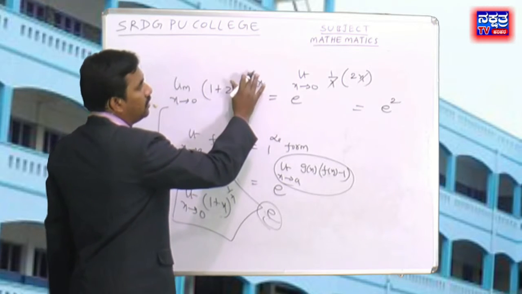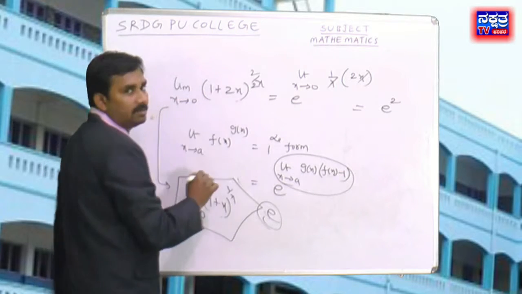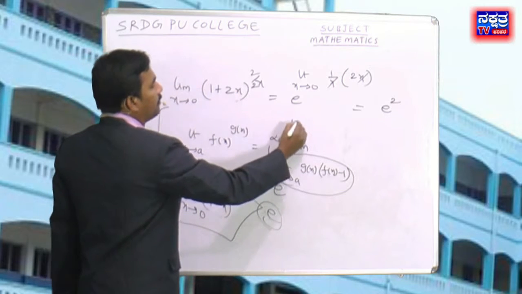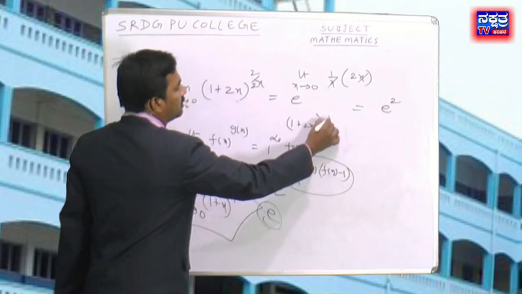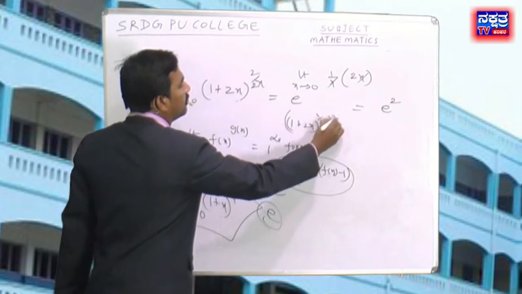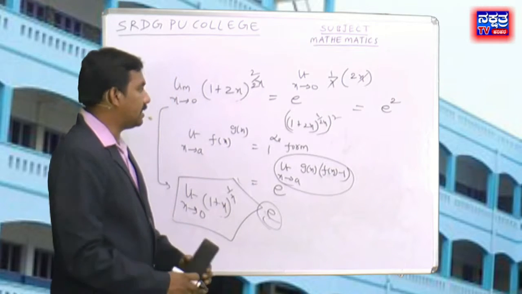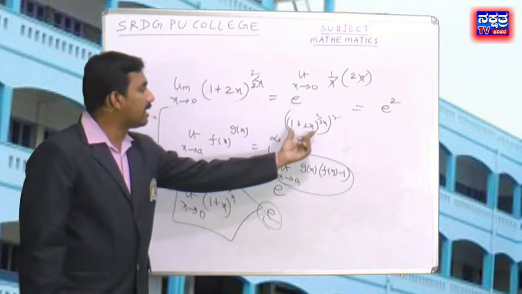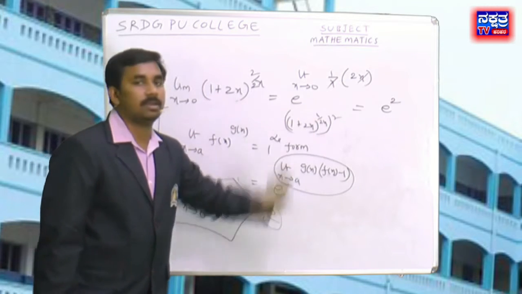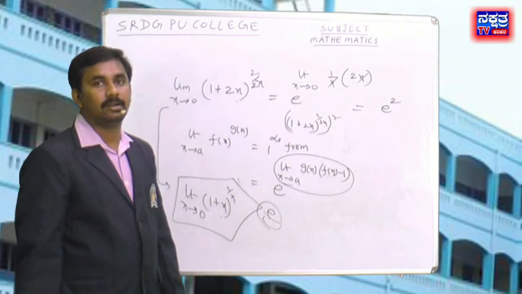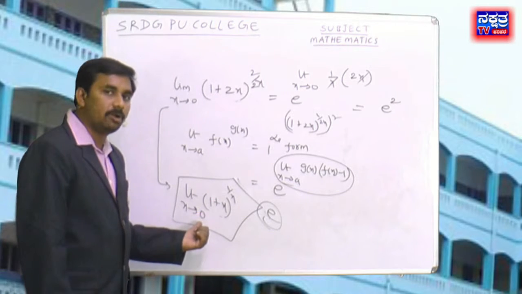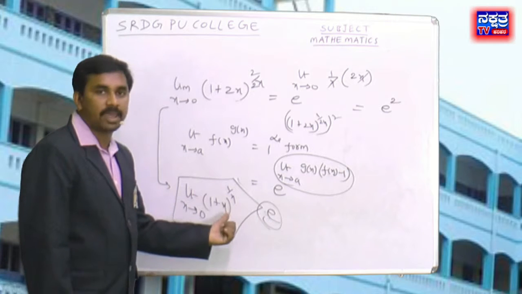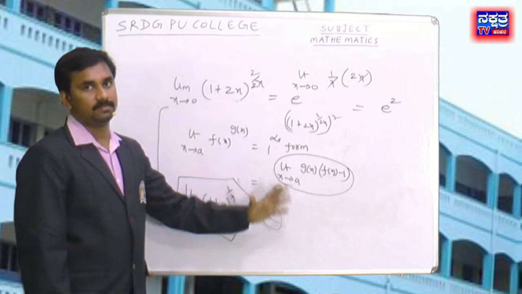So, if it is 2x and it is 2, then it will become (1 plus 2x) whole power 1 by 2x whole square. Hence, clearly it is in the form of e, and so e square. Like that also we can take. So, remember this formula also: limit x tends to 0, (1 plus x) whole power 1 by x is always e.